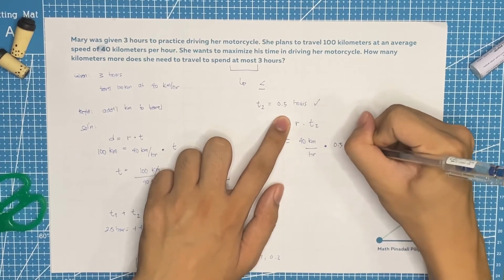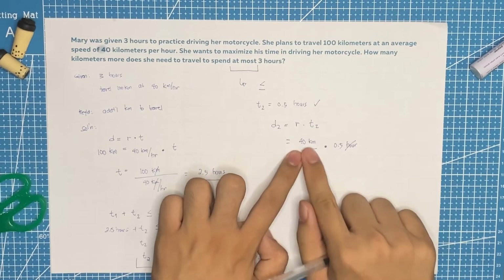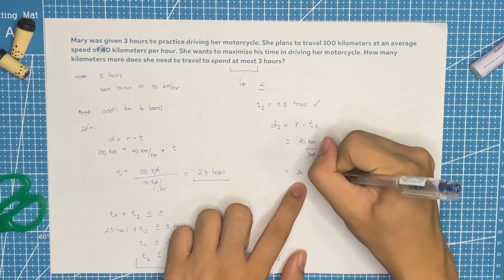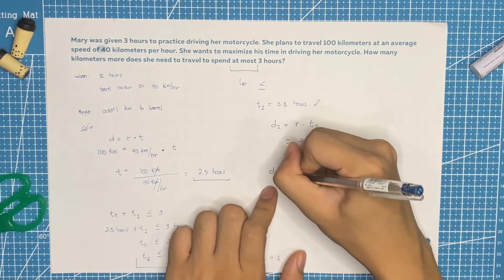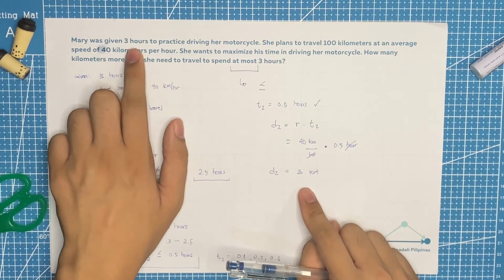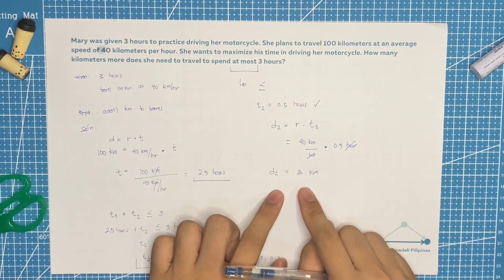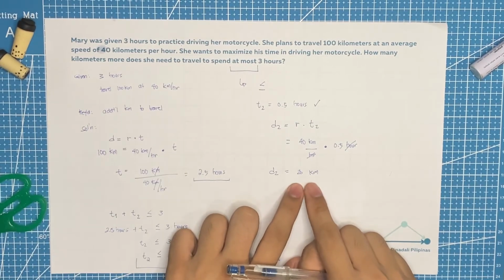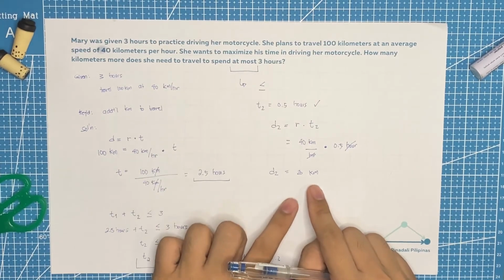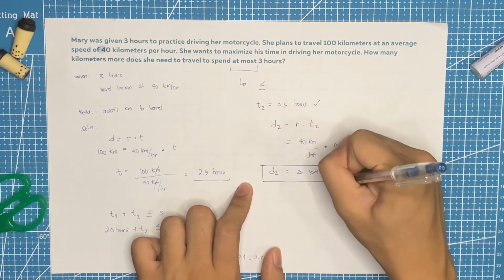Now, cancel yung hour. That would be 40 times 0.5, which is 20 kilometers. That would be D2. That means, in order to maximize her 3 hours allotted time in practicing her motorcycle, Mary has to travel an additional 20 kilometers on top of the 100 kilometers. So our final answer would be 20 kilometers.